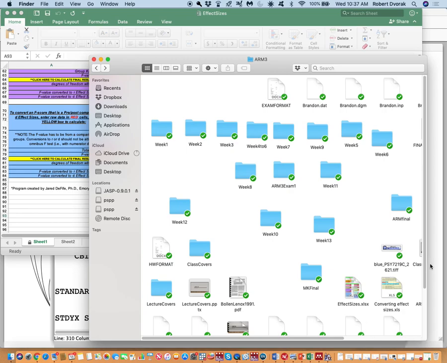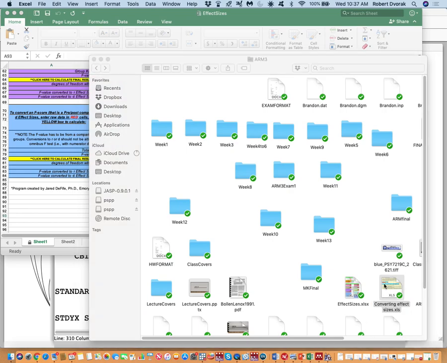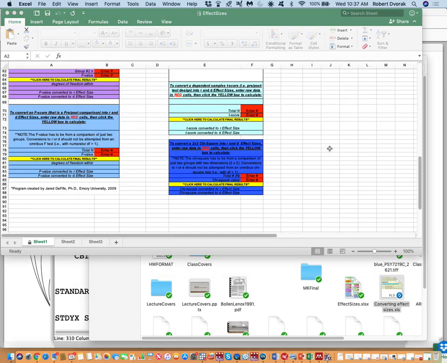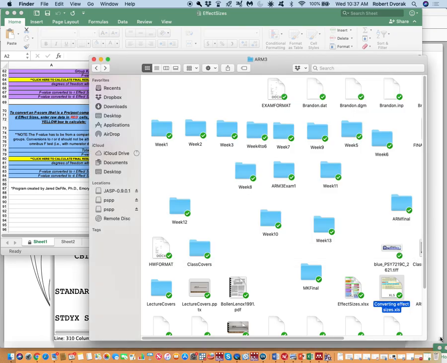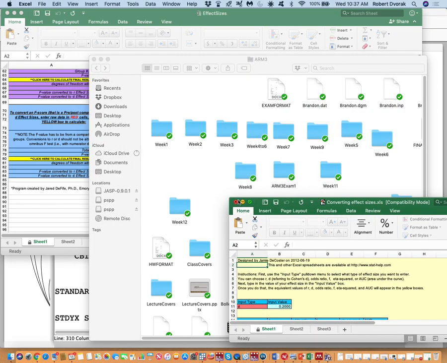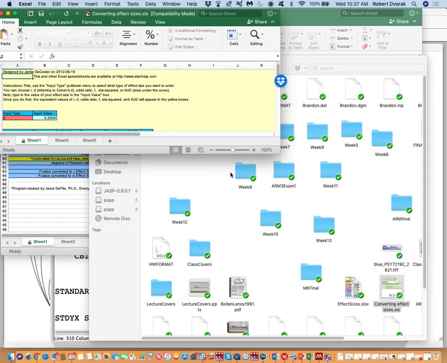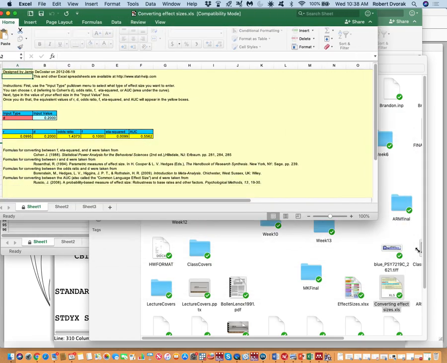Let me look here and see if I have. This is the one that I like. This one will convert effect sizes to, did it open? Oh, it opened way down here. That's weird. I'll add this one for you guys as well.